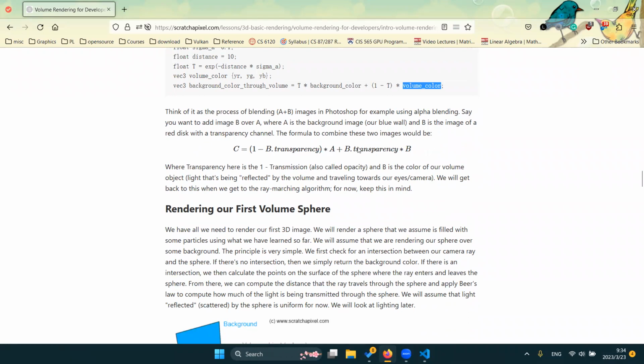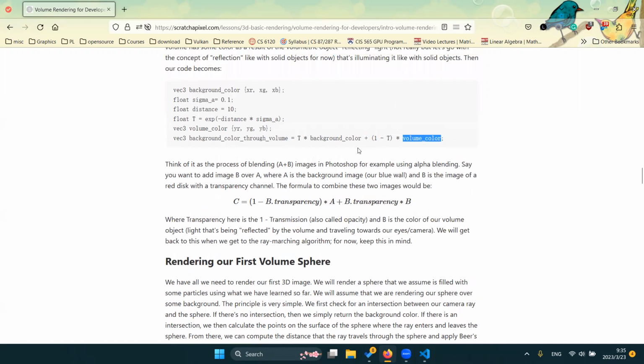Well, if we're thinking about tinted glass as our transmissive volume, then this thing kind of makes sense. Well, in that case, it should be T times the background color times the tint of the volume, the color that the volume is actually letting through. Right, if it's tinted.